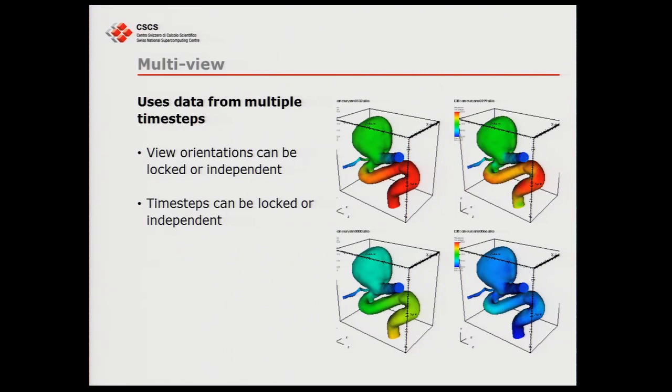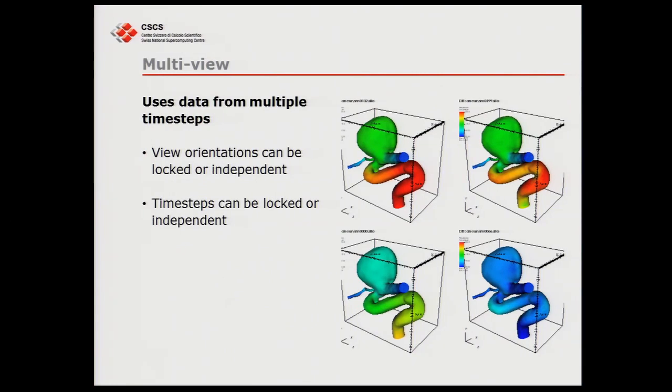This is because the viewer drives the execution of the pipeline, and by design, the viewer holds the time step in ParaView. So you cannot do this side-by-side comparison. In VisIt, instead, the time slider is independent for each of your windows.